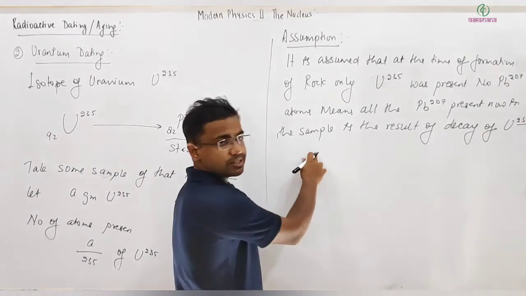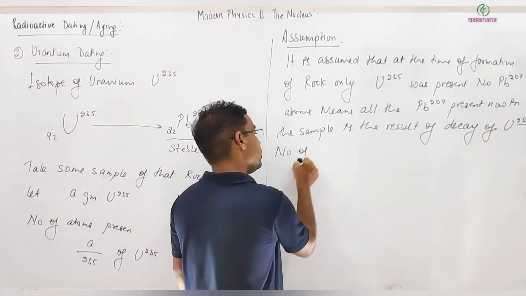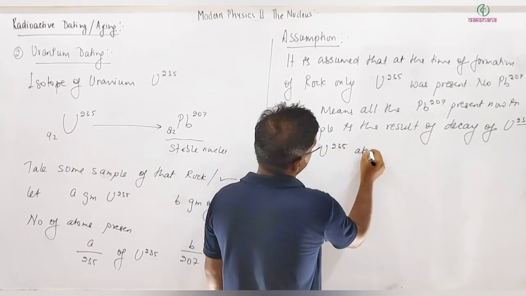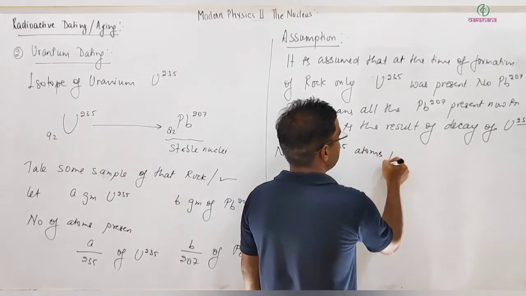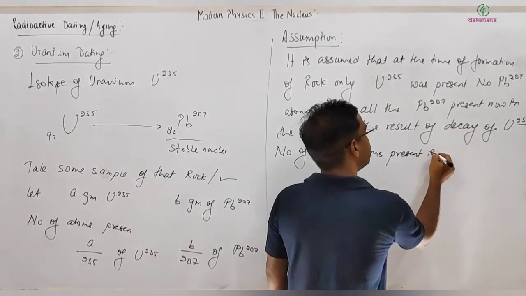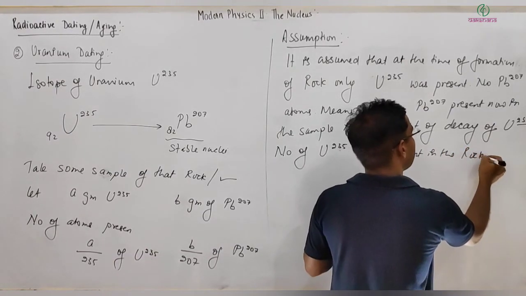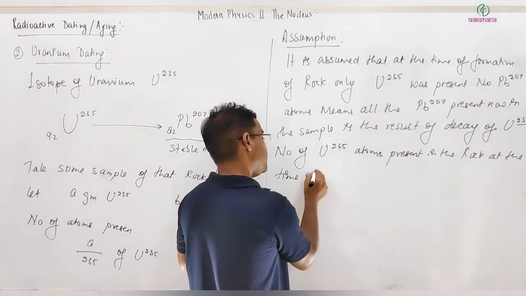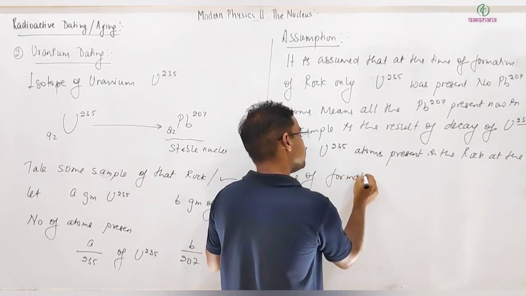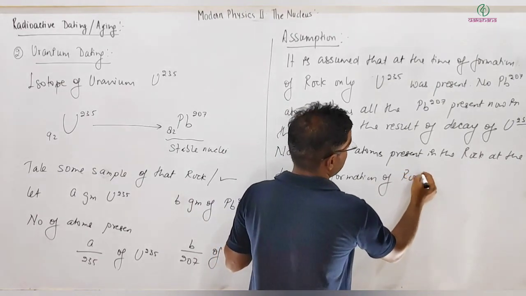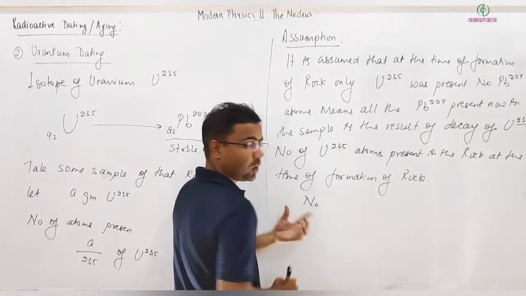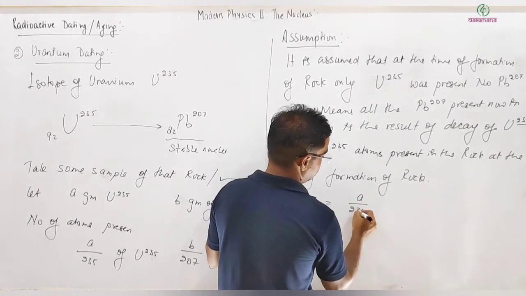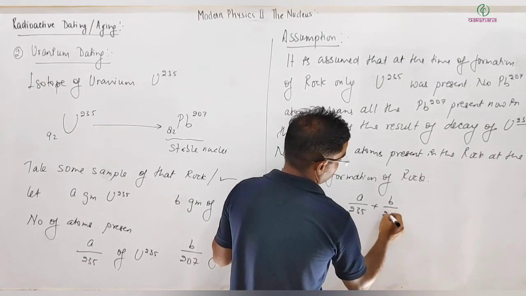So with this assumption I can write the number of uranium-235 atoms present in the rock at the time of formation of the rock. Let me write it as N naught. This will be equal to A divided by 235 plus B divided by 207.